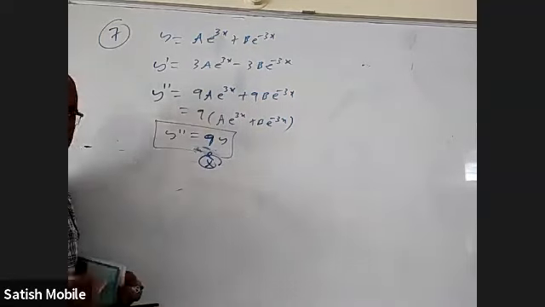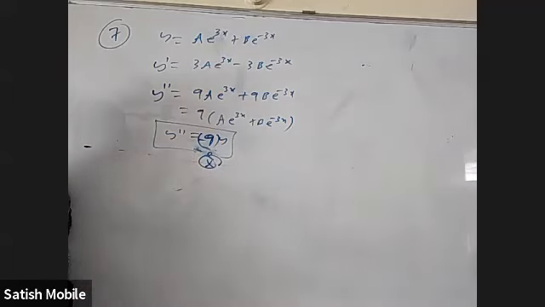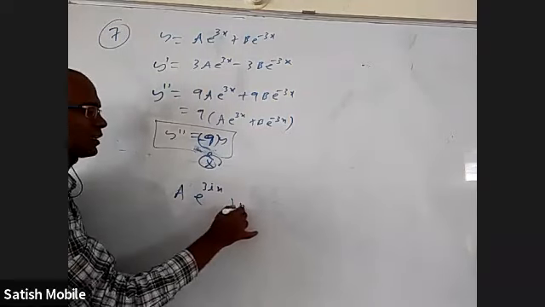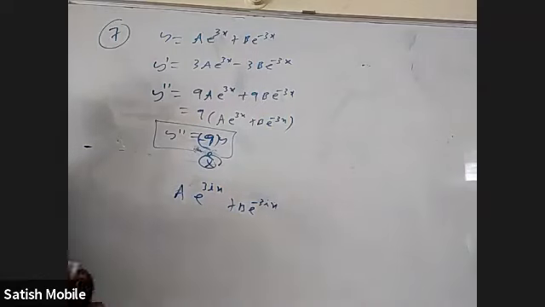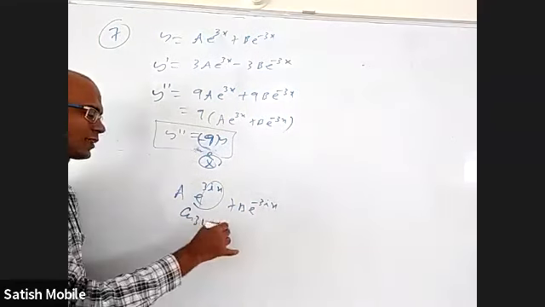But if L is negative, if it is minus 9, I will not get 3, I will get root minus 9. And what is root minus 9? 3i. We are studying complex numbers. Okay, so you are going to get a e power 3ix plus b e power minus 3ix. Okay, and you know e power ix can be written as cos x plus i sin x. So this is going to come cos 3x plus i sin 3x.